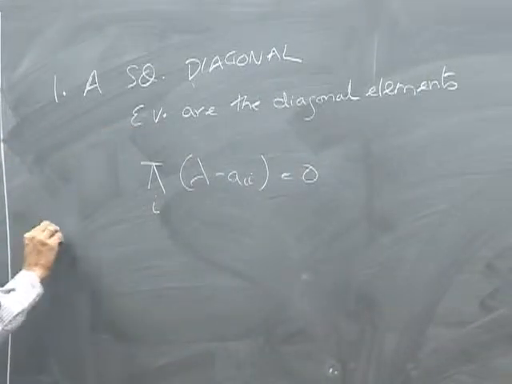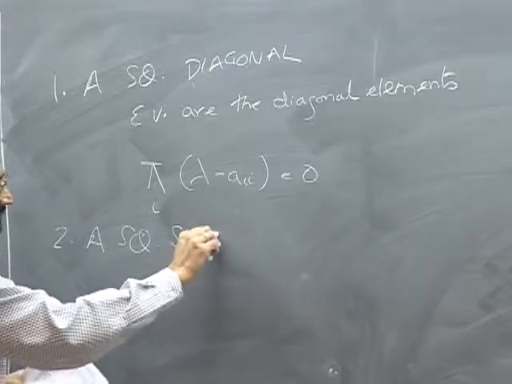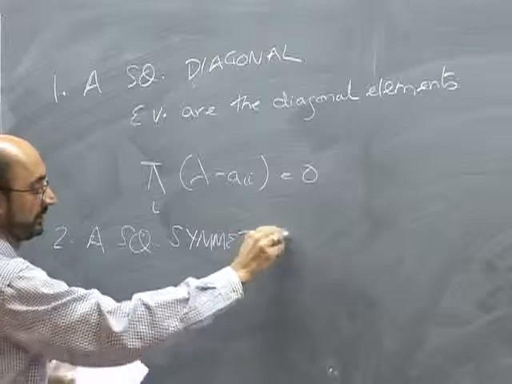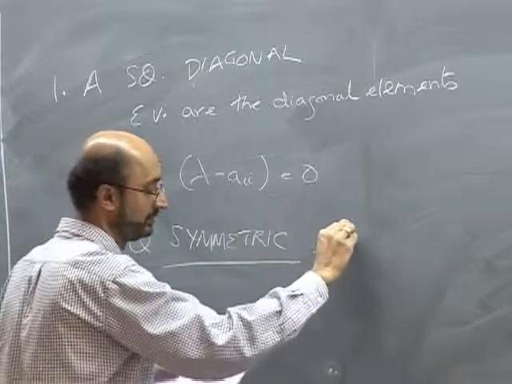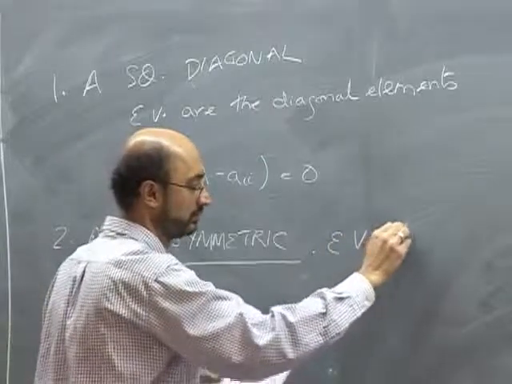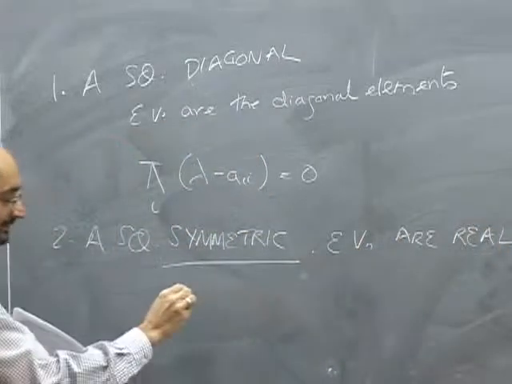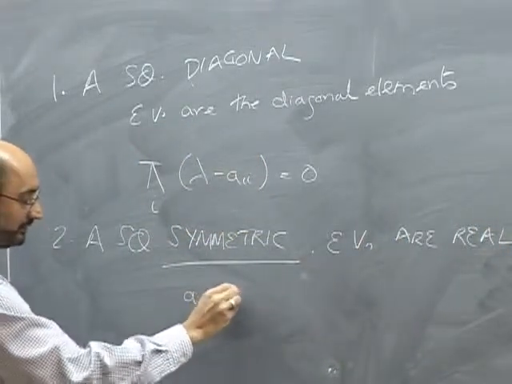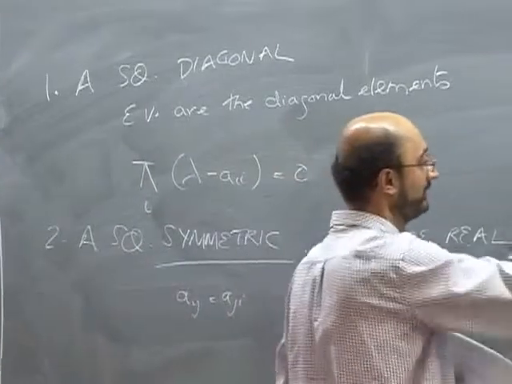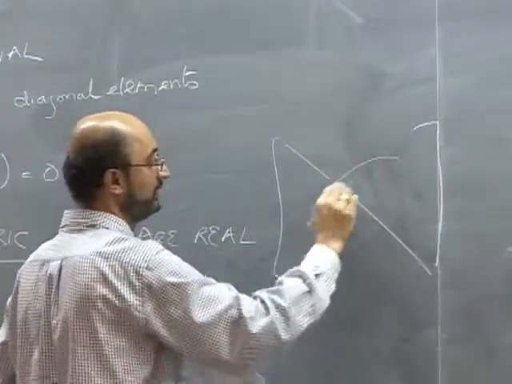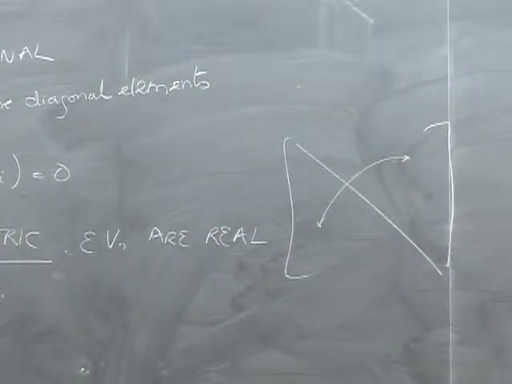The second thing is if A is square and symmetric, I'll explain what that is in just a minute, then its eigenvalues are real. Symmetric just means that any element a_ij equals a_ji. So the elements are symmetric across the diagonal, and a_ij and a_ji are the same.